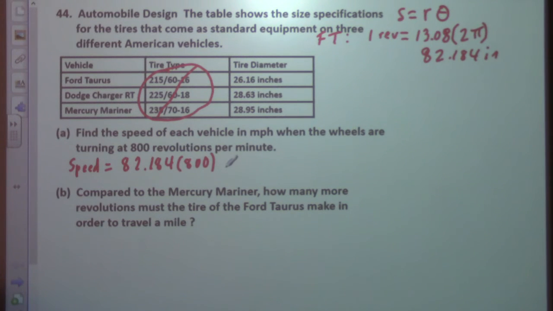So that's going to be inches per minute. How do we convert this into miles per hour? You multiply it by 60 minutes per hour, right?